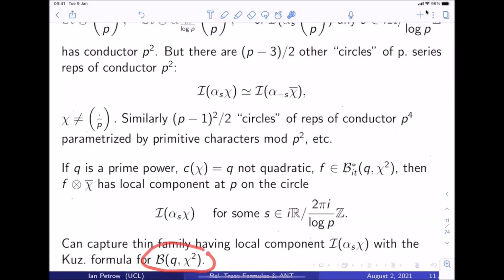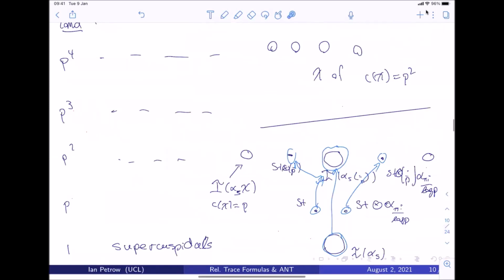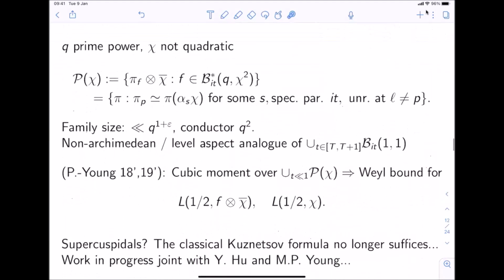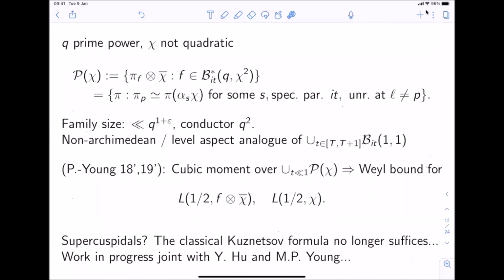Okay, and the point is that these come from taking one of these standard families and twisting by a character, so I can use the Kuznetsov formula to capture the family having this specified local component at p. And those are going to be my thin families. So I can think about this two ways.